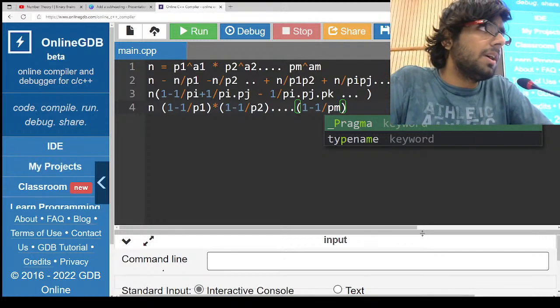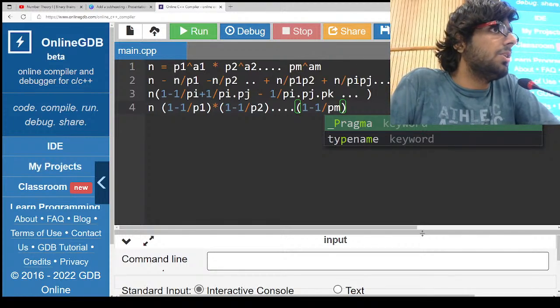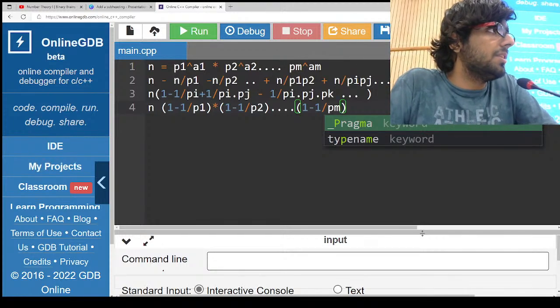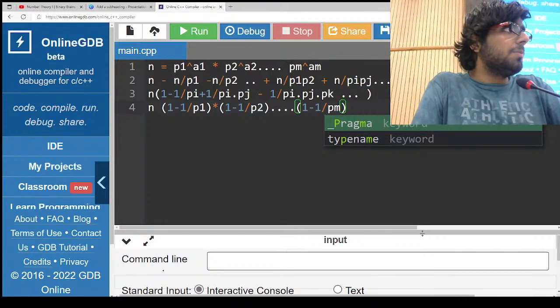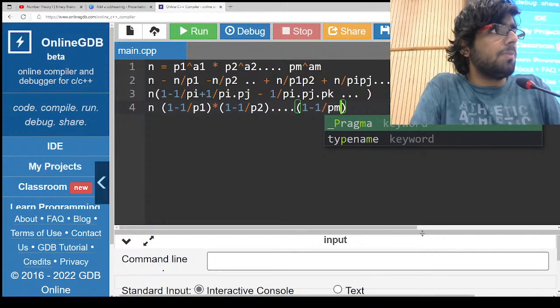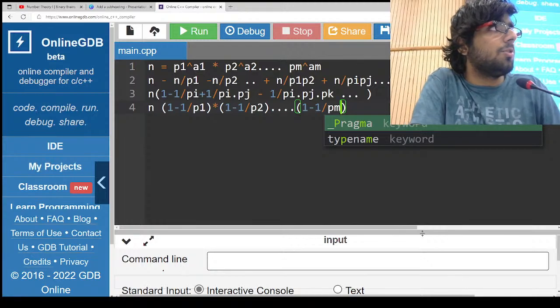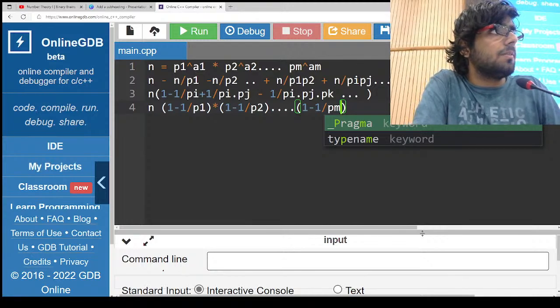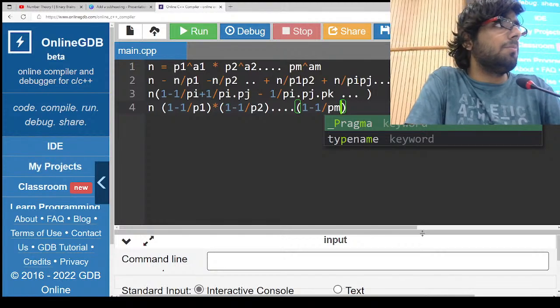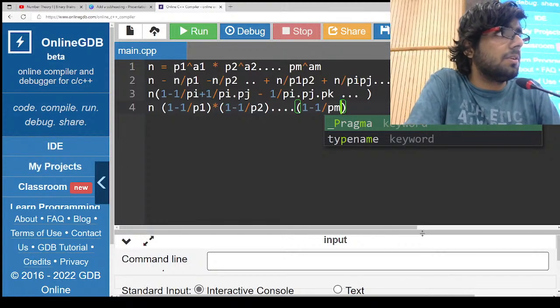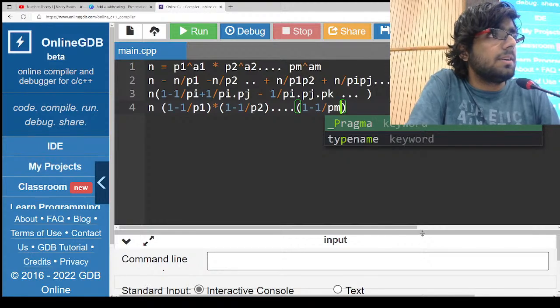We can prove that by replacing it with n into 1 by 1 plus 1 by 2. This sum is less than or equal to n into 1 plus half plus 1 by 4 times plus 1 by 8 times and so on. So we will get n into 1 plus 1 plus 1, log n times, right?